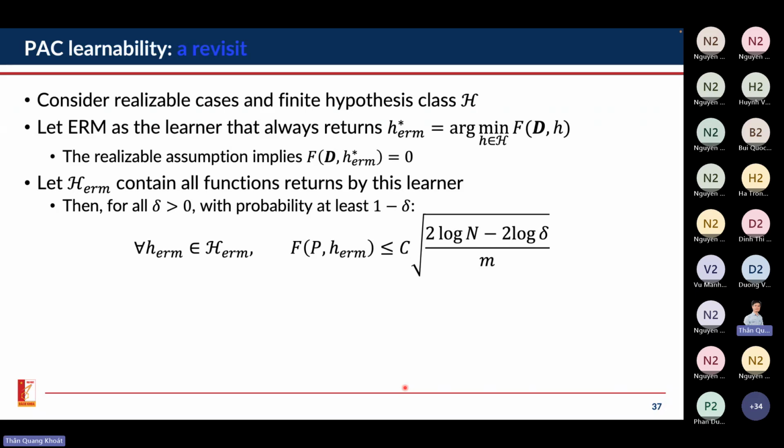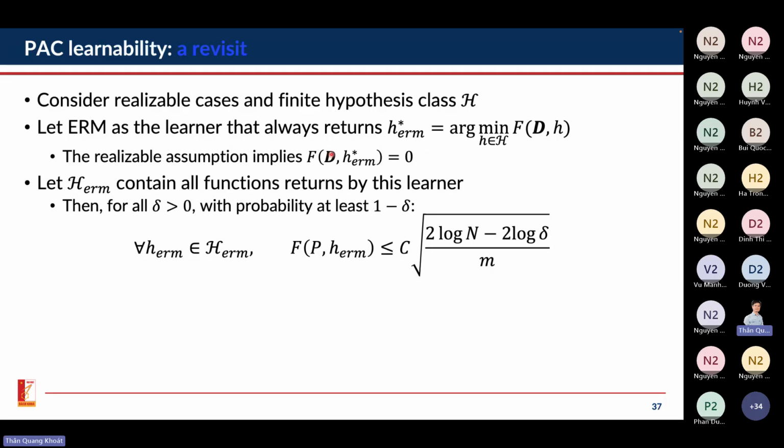Okay, so by the argument before, we can use that for one learning algorithm. It is ERM before, right? For the ERM algorithm, we just minimize the training error. So in the case of the realizable assumption, it means that the best member in the family should have zero error, right?